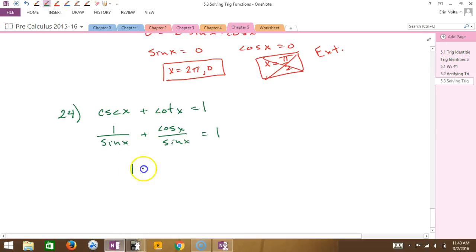we have 1 plus the cosine over sine. Just change the one side by side. Get rid of that one plus cosine. The only difference is this time it's not set equal to 0.